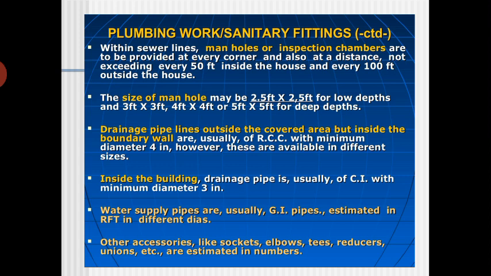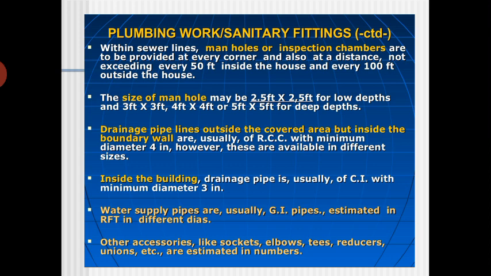Drainage pipelines outside the covered area but not inside the boundary wall are usually RCC, with a minimum diameter of 4 inch. However, these are available in different sizes. Inside the building, drainage pipes are usually CI pipes with a minimum diameter of 3 inches.